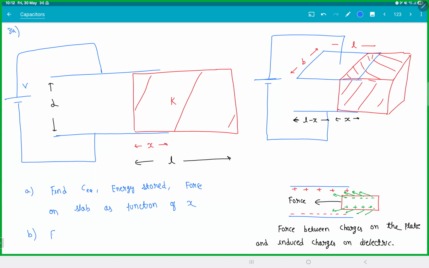Find the time period for one oscillation, if you release the slab from the starting point. x is the length of the dielectric inside the plates.